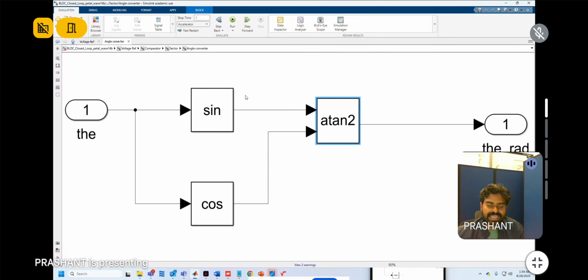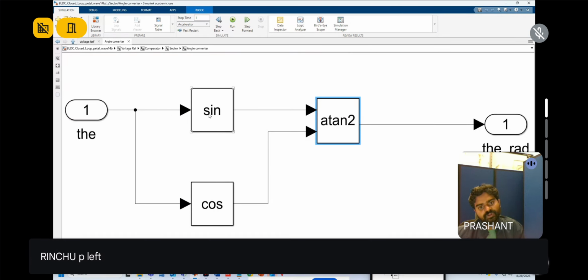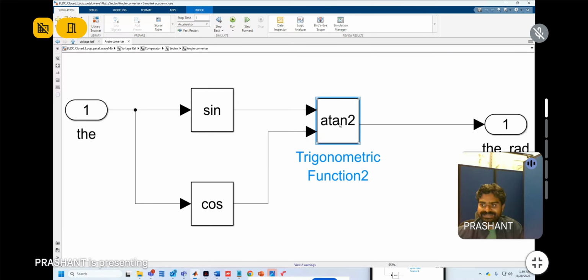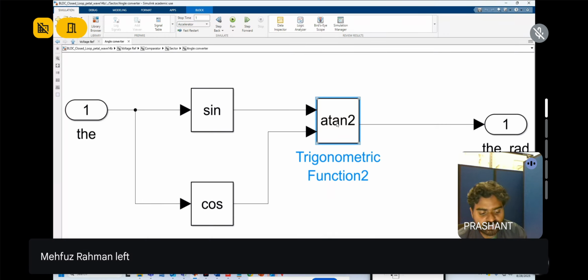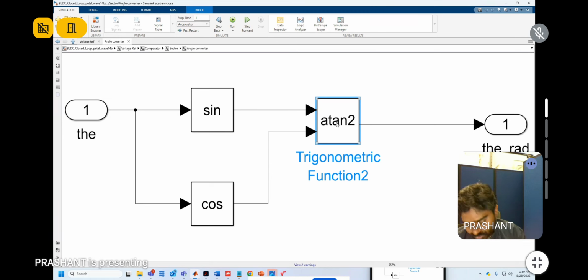I was explaining here why I have used sine also, cos also, and what is the significance of using atan2. Wherever theta comes into picture, we want to check the quadrant. These sine and cos values in modeling are used to determine the correct quadrant of the angles, whether it is positive or negative.